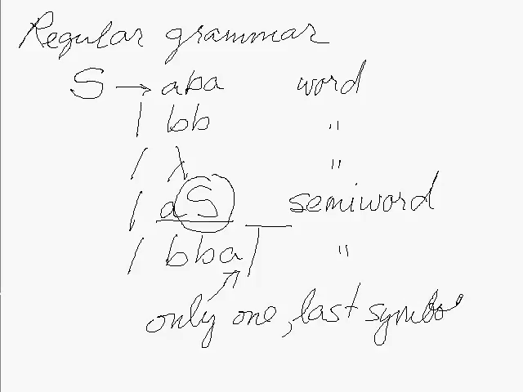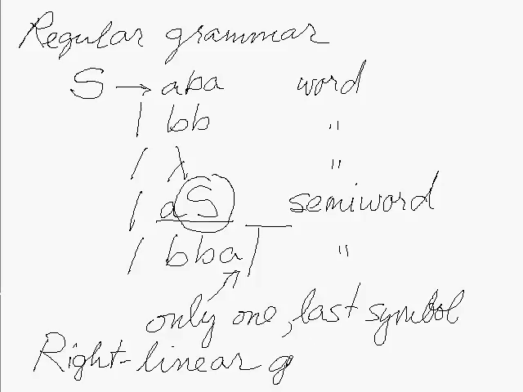And all the rules in the whole grammar have to have that shape. A grammar that looks like this, where you've got words and semi-words, where if there is a variable, it's the very last thing, is a kind of grammar called a right linear grammar. That is one type of regular grammar.